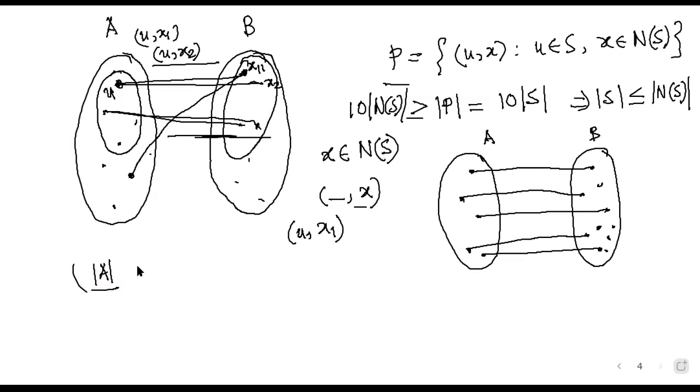So all elements of A have a pair in B. Now you can do the same thing on B. You can repeat the same thing that we did for subsets of A for subsets of B. In the whole thing that we did previously, you can just replace A by B, right?